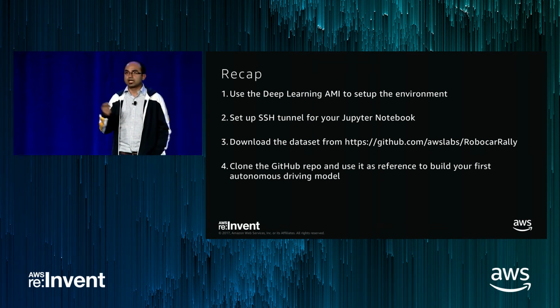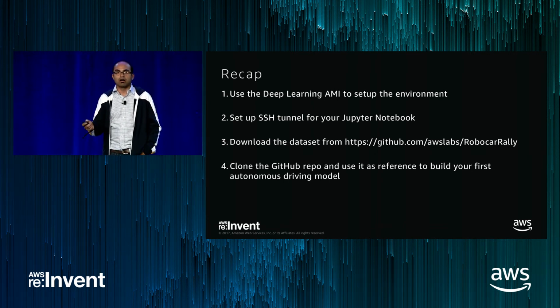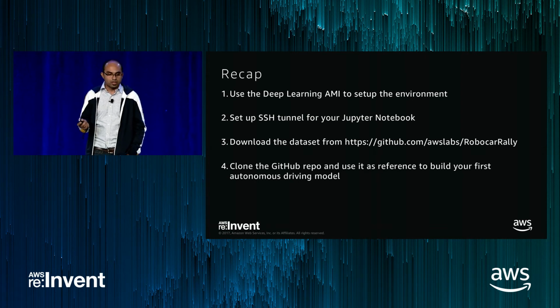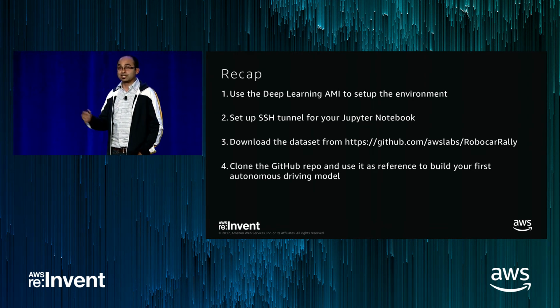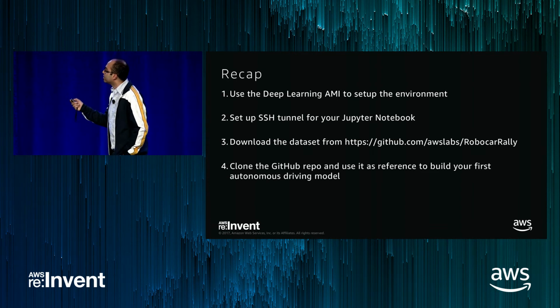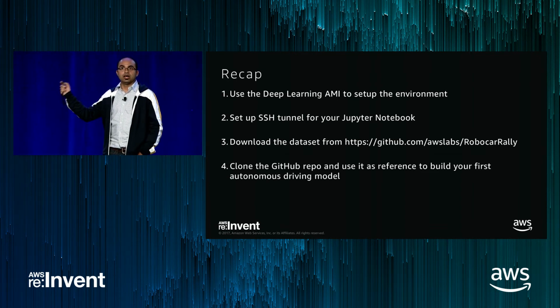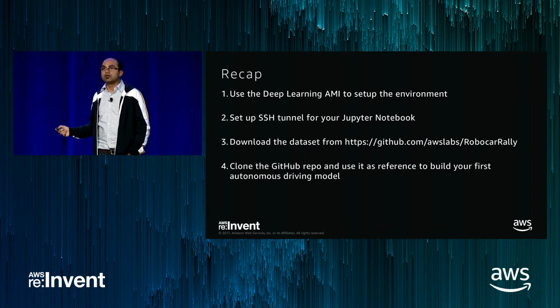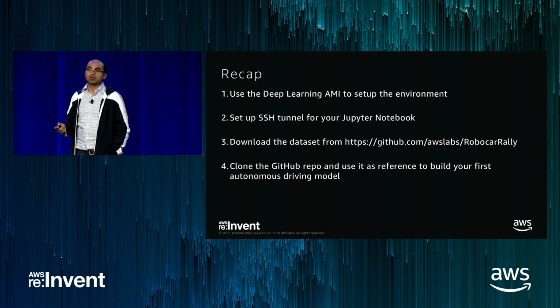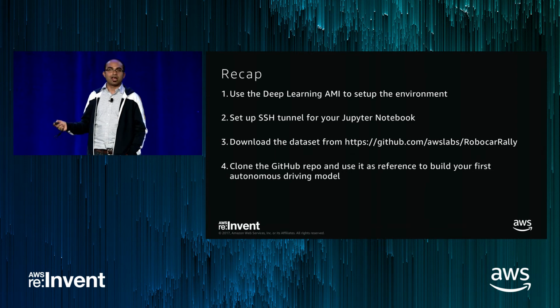You can set up an SSH tunnel to use the Jupyter Notebook. The data set I showed you was from a robocar rally that we're doing here at AWS. I'll talk about it a little more later. The data set is available there, and you can just clone that GitHub repo and get started to build your own algorithm, better than probably what I have there.